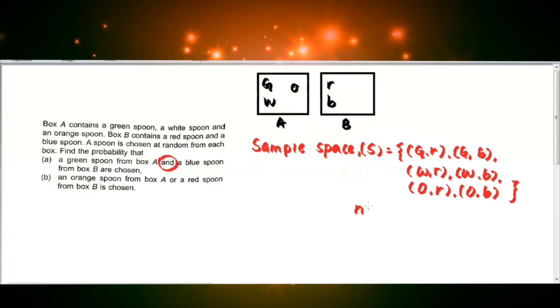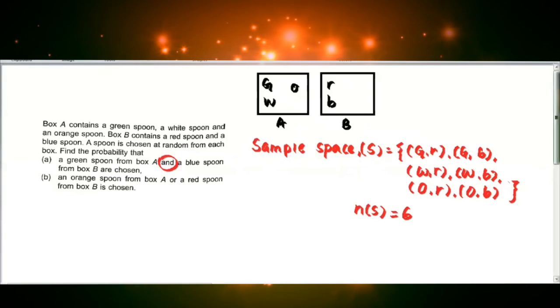Now we need to answer the question. The number of the sample space is equal to 6. Write down first.